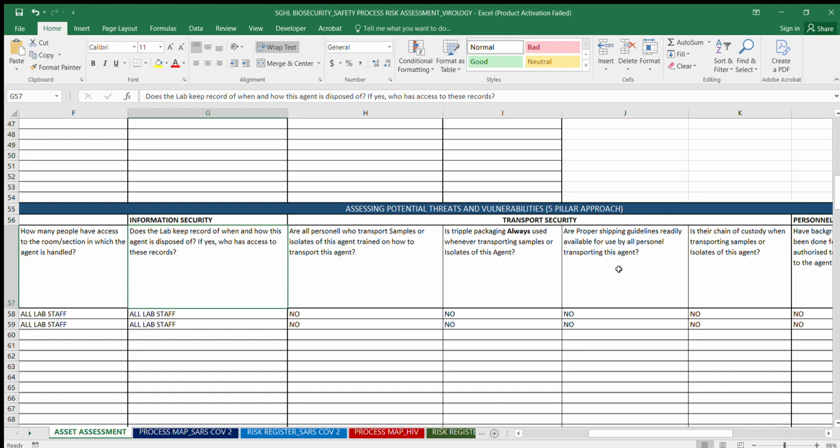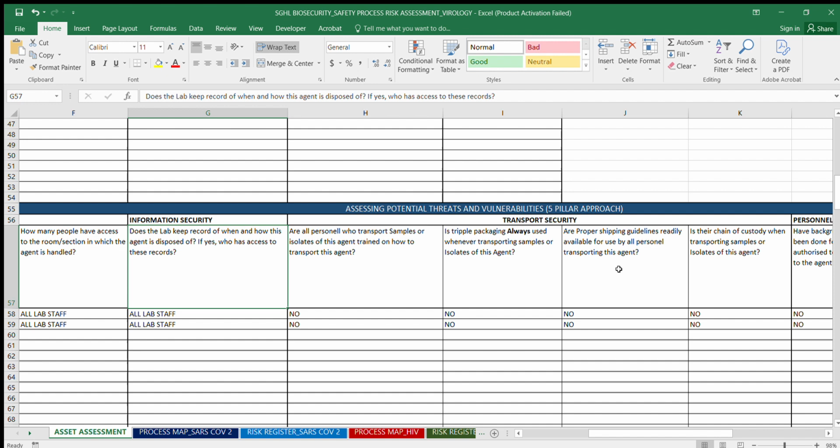The first question is, are all personnel who transport samples or isolates of this agent trained on how to transport this agent? If they are trained, at least you know they will know how to handle this agent, and they will know the dangers of handling it, and they will safely transport these particular samples.